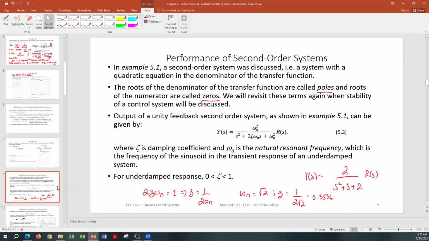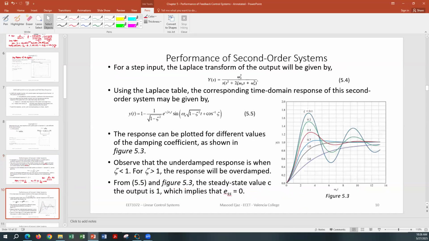So with these values, when you calculate the time domain response for your unit step function, Y(s) is going to become 1 over s times this, and the time domain response is given by this expression. So we know the value of zeta, we know the value of omega n. We can just plug in all the values in here and get our time domain response.